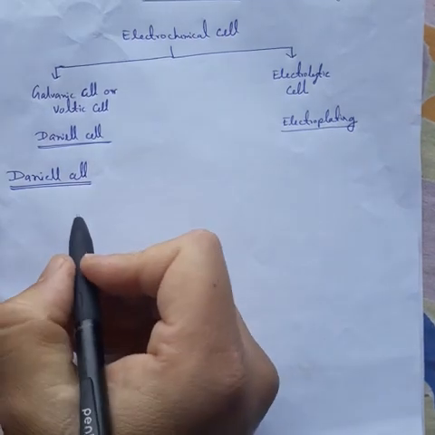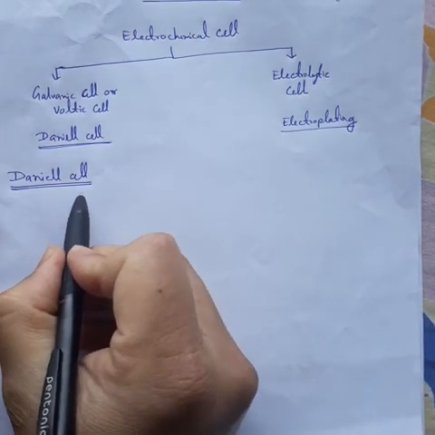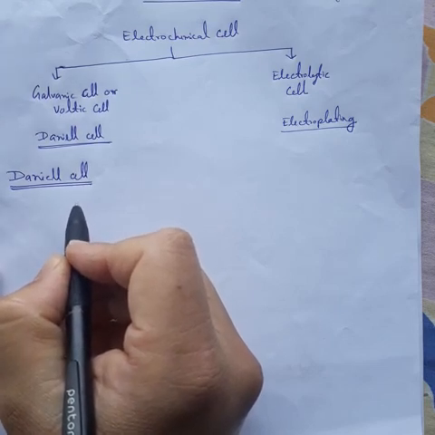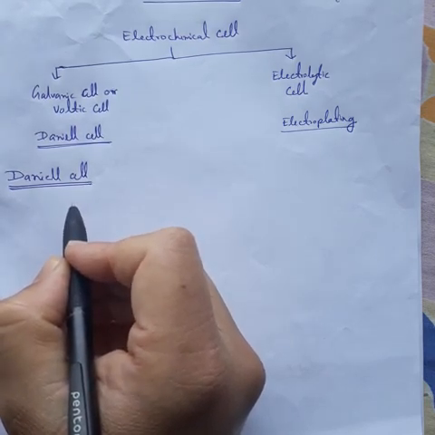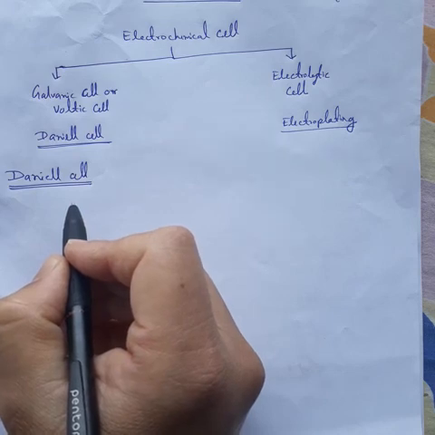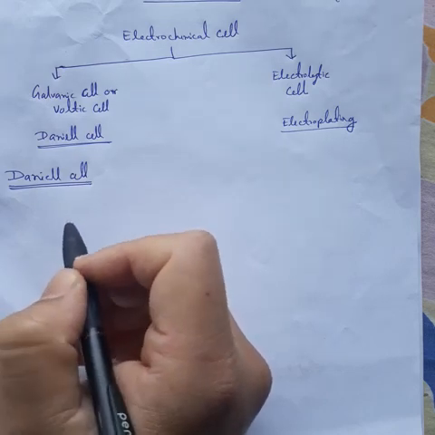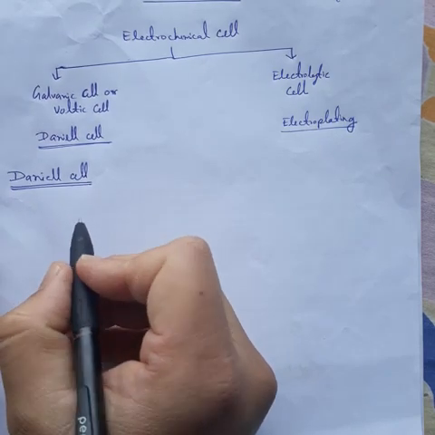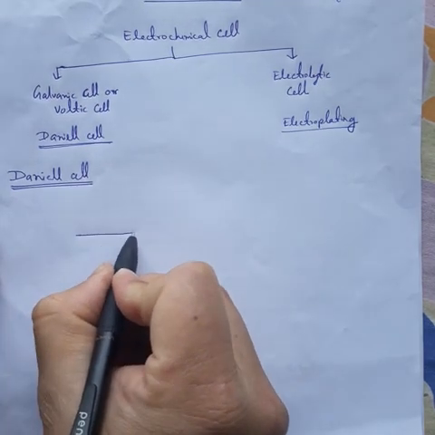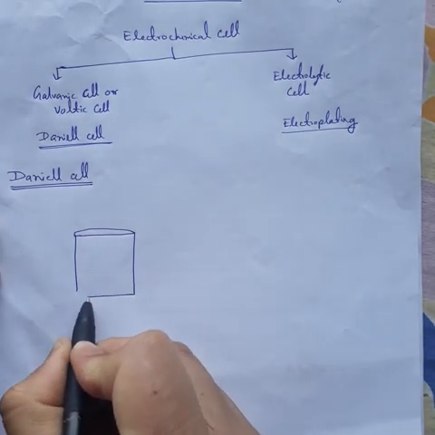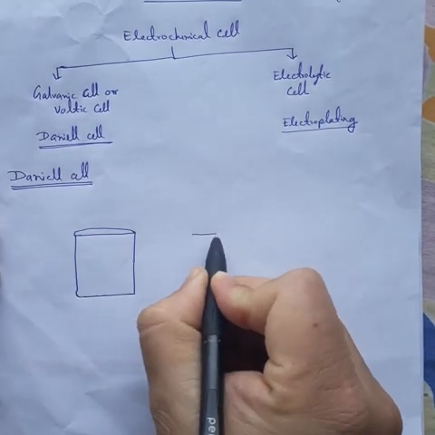The next important topic we have to discuss is the Daniel cell. First you have to understand how the Daniel cell works, that is, the construction of the Daniel cell. So I'll draw it. This is one cell, or we basically call it a half cell.